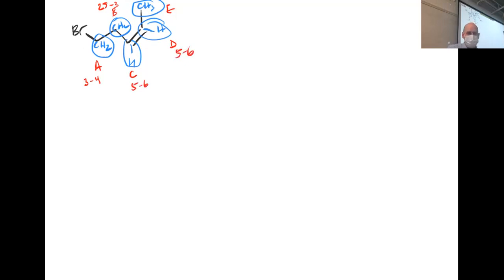But what about E? E is an alkane next to an alkene. So the effect of a neighboring carbon-containing functional group is about +1.